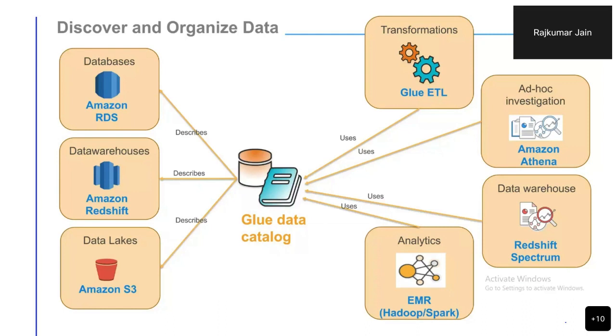Initially, Glue provided only five sources, including Amazon RDS, Redshift, Amazon S3, and Kinesis. But in the last two to three months they have supported multiple databases now: Oracle, SQL, DynamoDB. When I first used AWS Glue and tried to integrate DynamoDB, it was not available as a source, but now DynamoDB is available as a source.